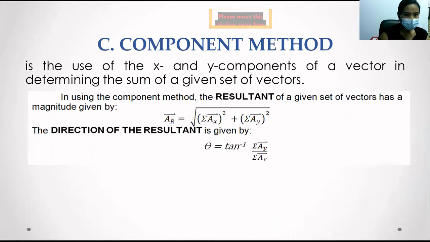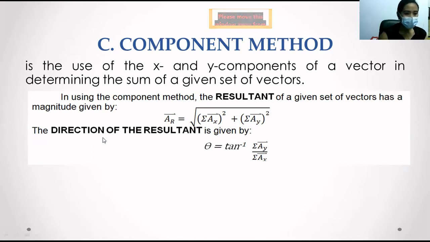In using the component method, the resultant of a given set of vectors has a magnitude given by A sub r, or resultant vector, equals the square root of the summation of x component quantity squared plus the summation of y component quantity squared.